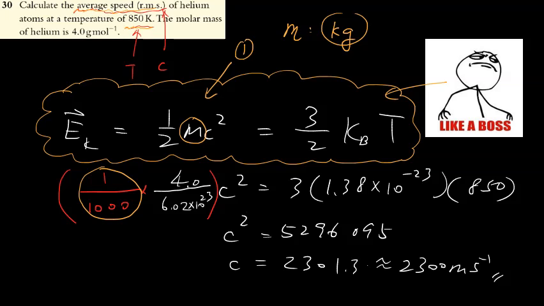And do remember that the 4.0 here means 1 mole of helium has 4 grams, and therefore for 1 helium atom, you will only have 4.0 over the Avogadro number, which is 6.02 times 10 to the power 23. For the Boltzmann constant, just substitute into it. Temperature, just substitute again. And lastly, you should be able to find the answer, 2,300 meters per second.